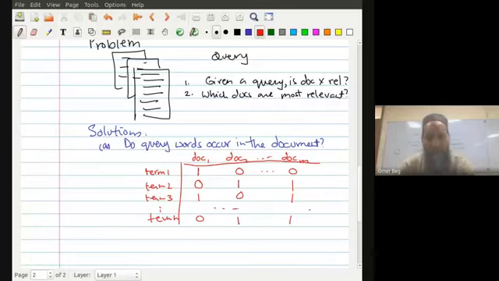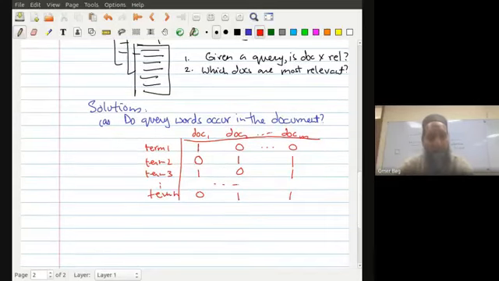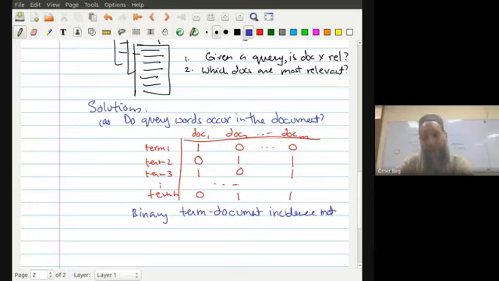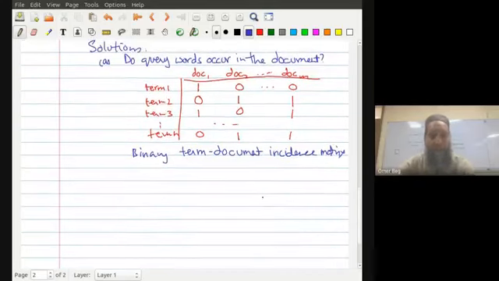So something like that. So you have a binary term document incidence matrix. This is what that matrix looks like. Right?